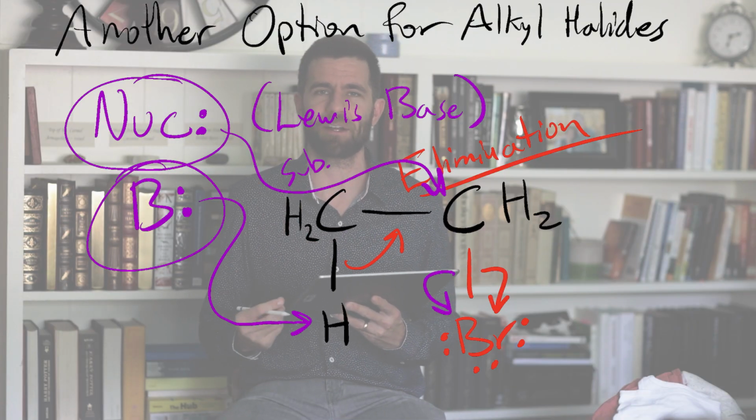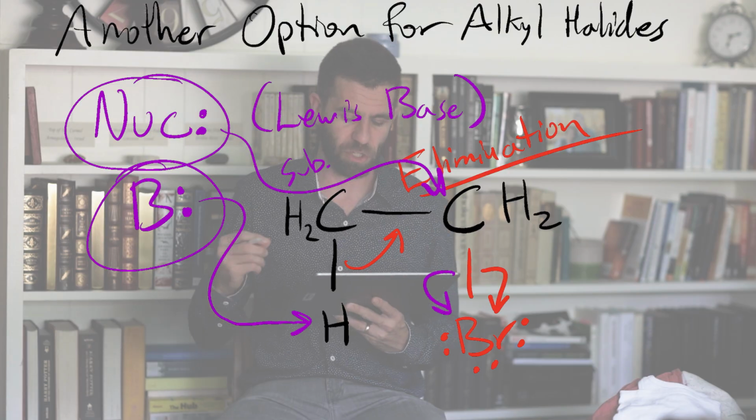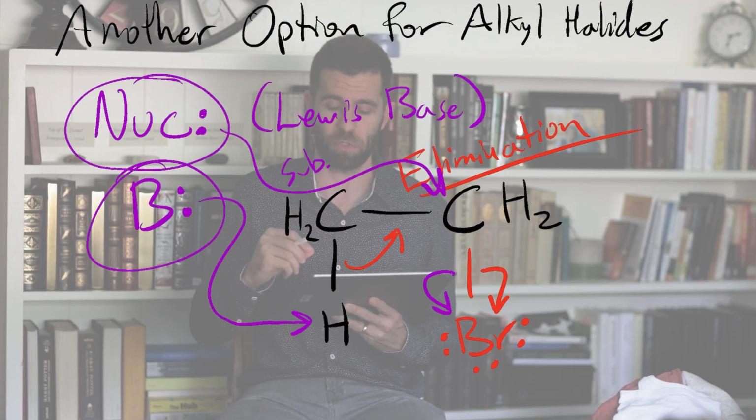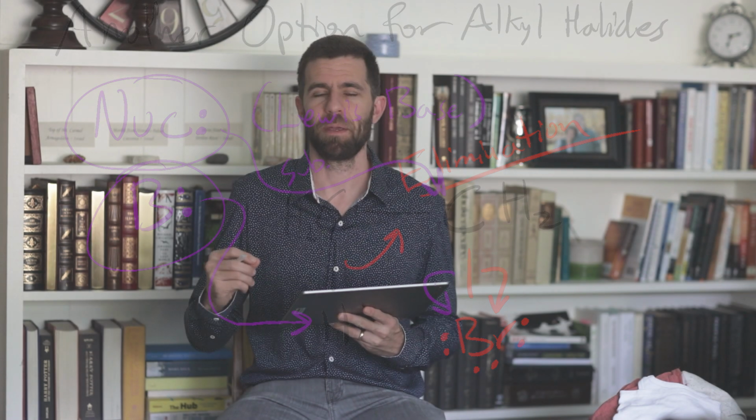And these are the factors that end up contributing to whether it's going to be a substitution or elimination. There are a lot of other factors that are going to help us control whether it's a substitution or elimination, and that is something that we want to give some time to and talk about. But the fundamental difference is whether our attacking group is going to act as a base.